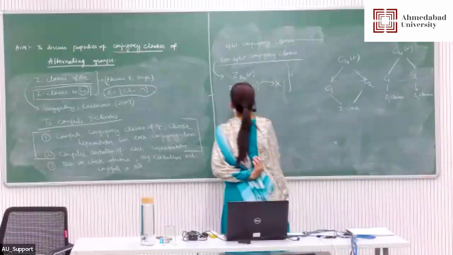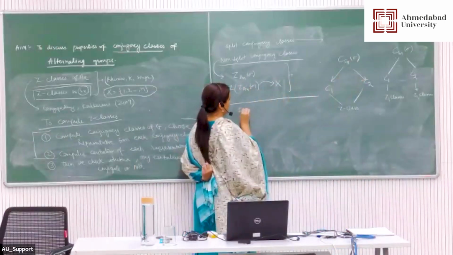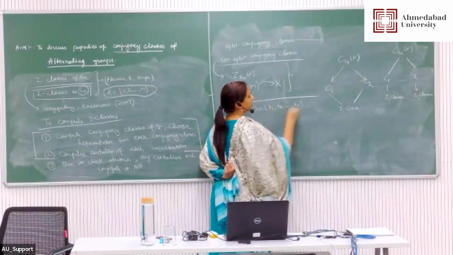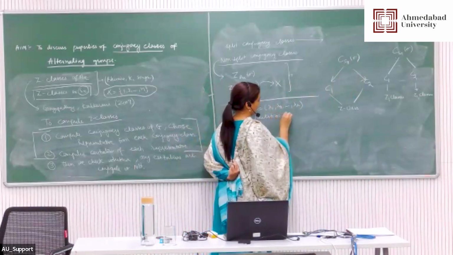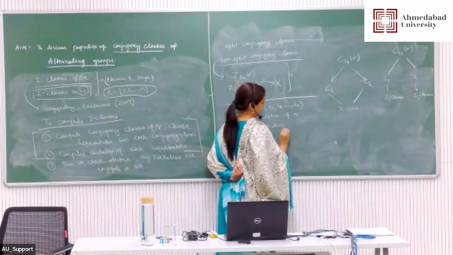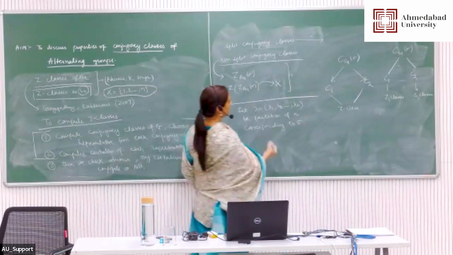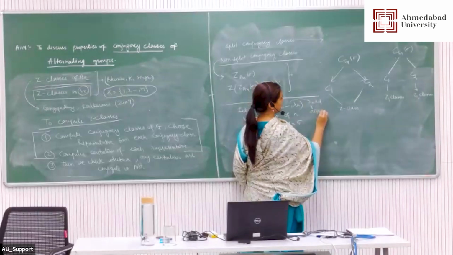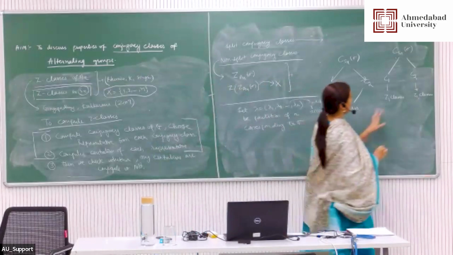Because this conjugacy class is splitting, let lambda equal lambda 1, lambda 2, ..., lambda r be a partition corresponding to sigma. Then all these parts will be odd and distinct because the conjugacy class is splitting.